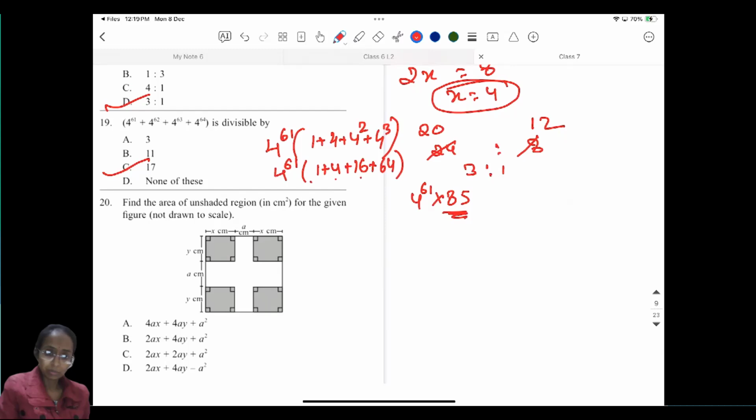Next, 20th question. The area of the unshaded region from the given figure. The unshaded region is what we require.